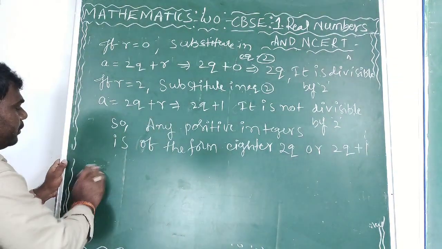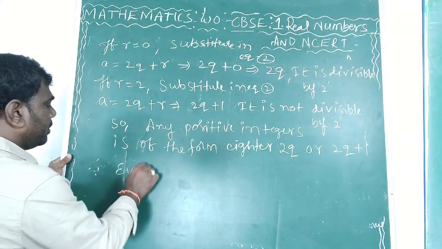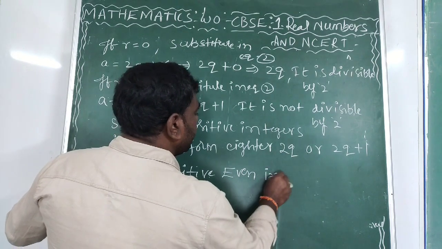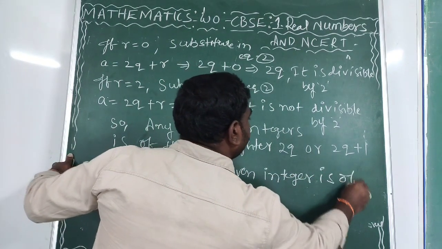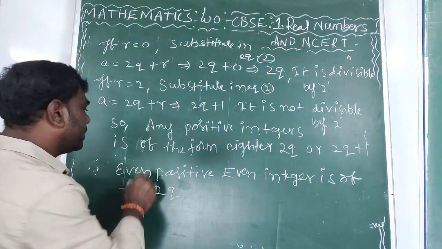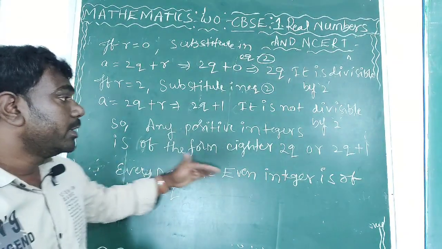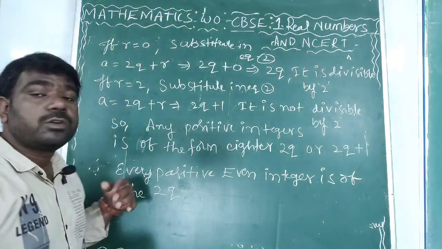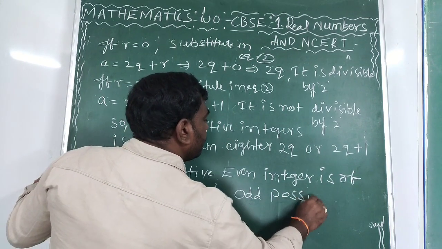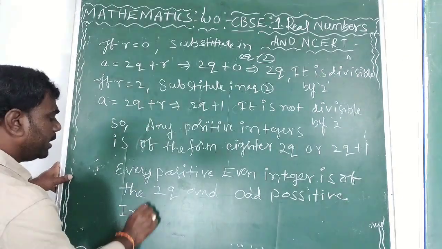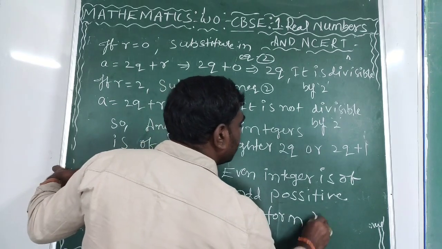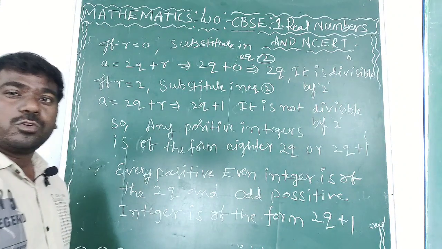Therefore, what can we write? Every positive even integer is of the form 2q, and every odd positive integer is of the form 2q plus 1.